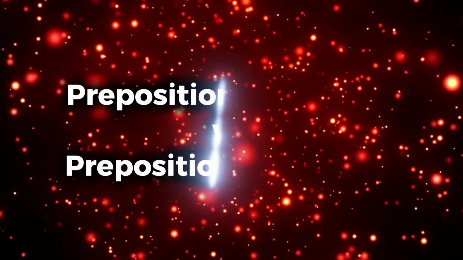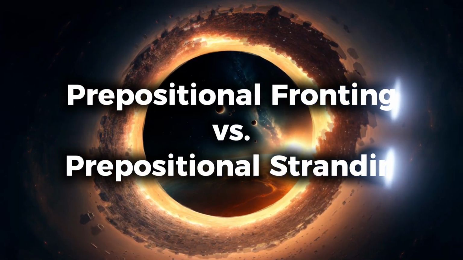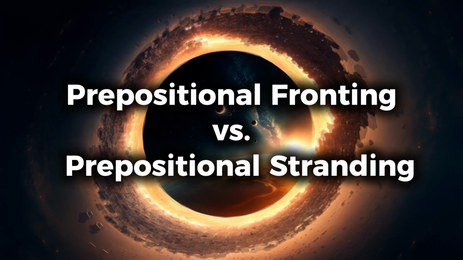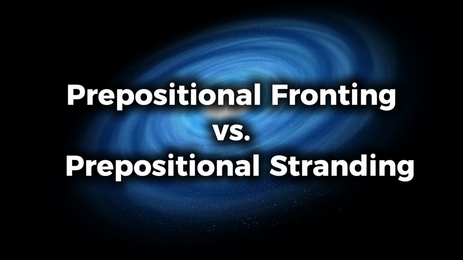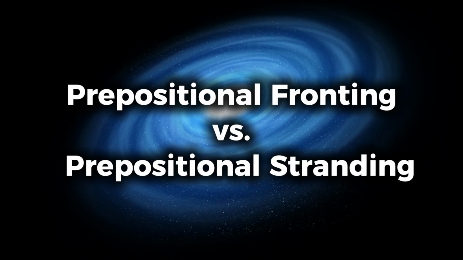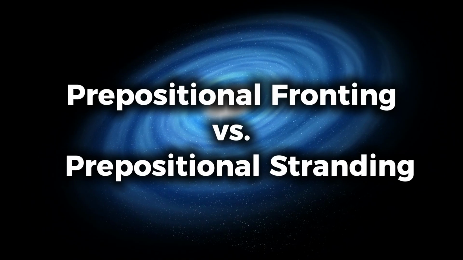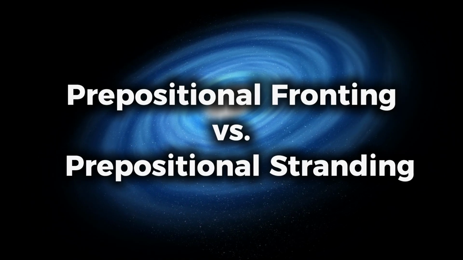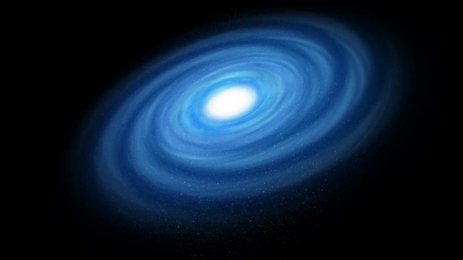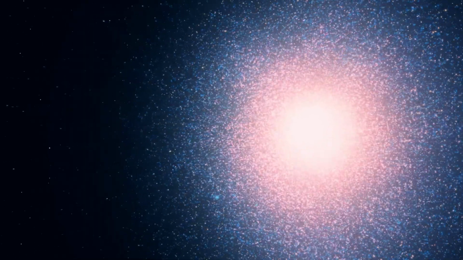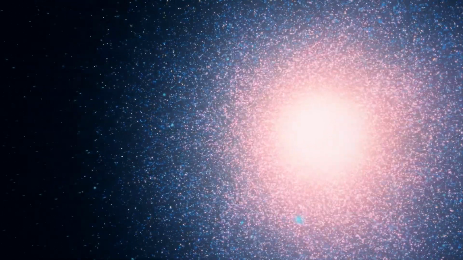The more formal and common sentence structures we looked at earlier are examples of the difference between prepositional fronting and prepositional stranding. These terms refer to two different ways of structuring sentences involving preposition placement, usually occurring in questions and relative clauses. Prepositions are those little words we use to show direction, location, or time in relation to nouns or pronouns.